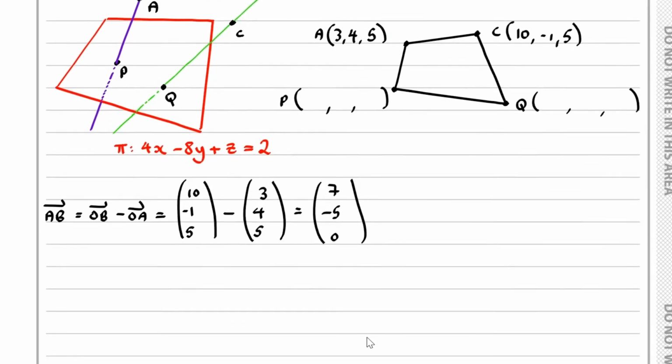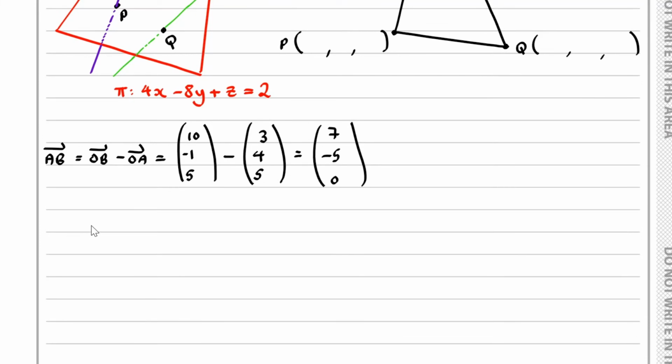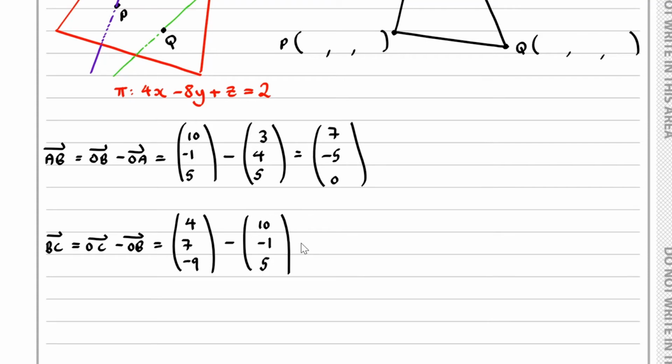Then we've got BC, which is equal to OC minus OB. So we have (4, 7, -9) minus (10, -1, 5), and if we work this out, we end up with (-6, 8, -14).